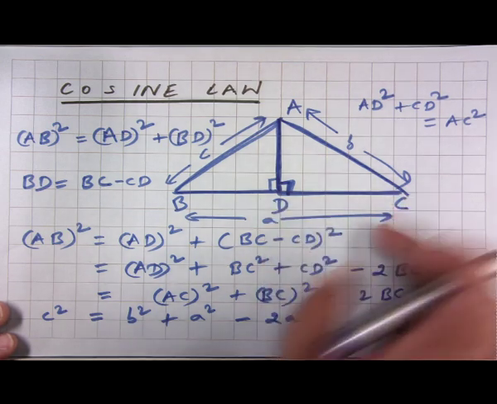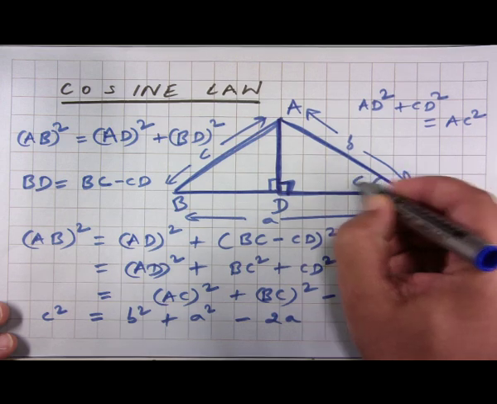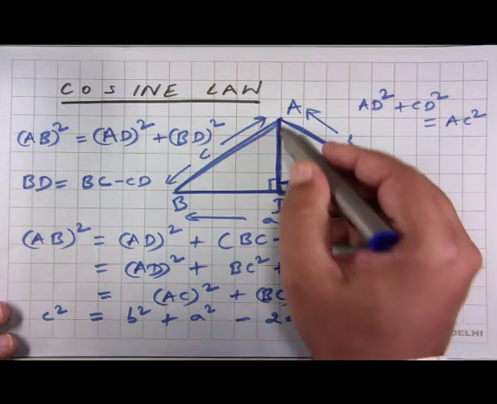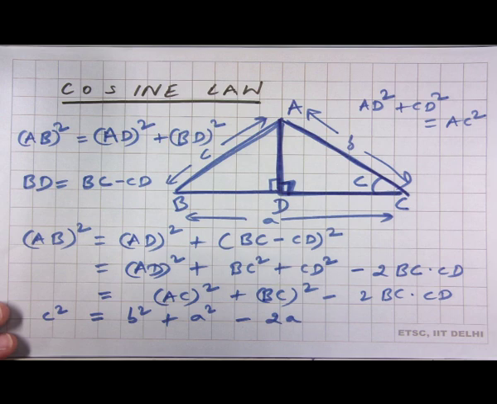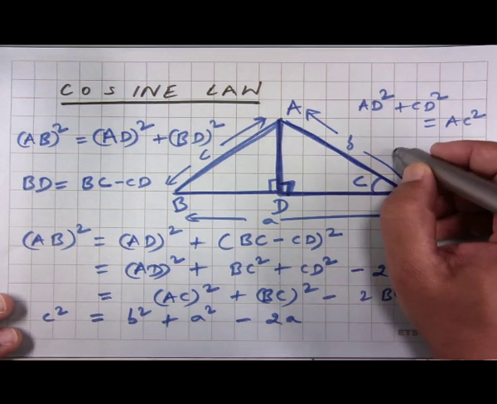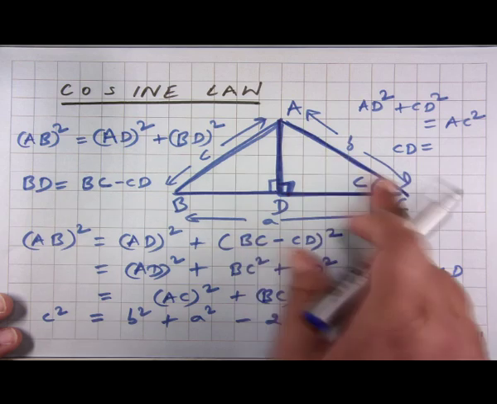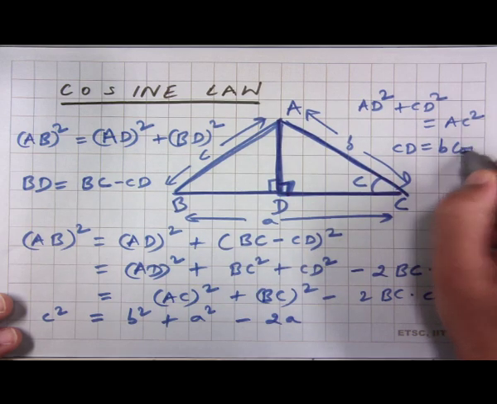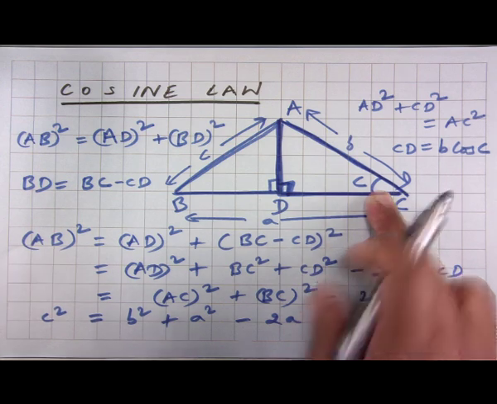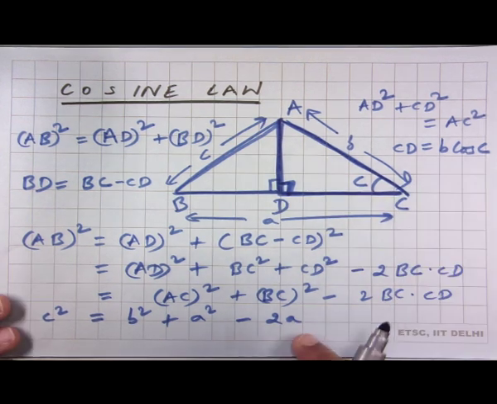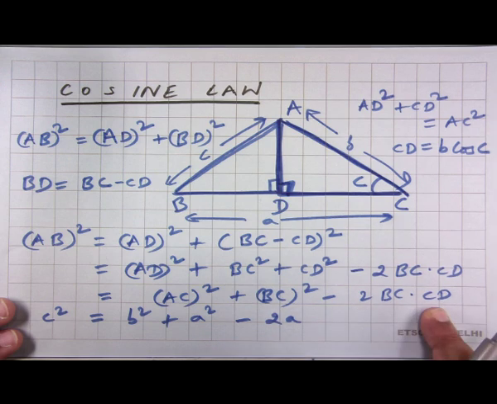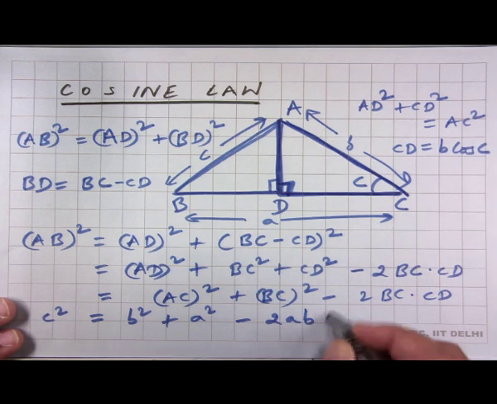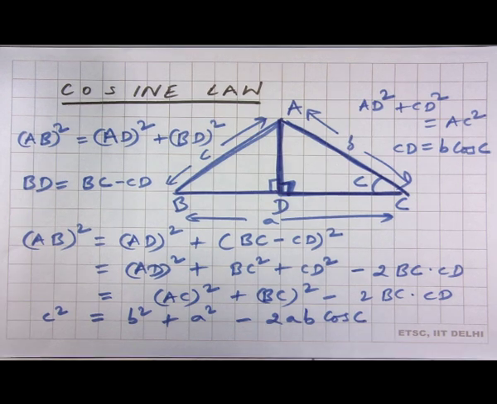Here this angle is C. So, in this right angle triangle, from the basic definition of the trigonometric ratios, CD is equal to the hypotenuse, which is B, times the cosine of the angle C. So, I use this here: 2 times BC, which is A, times CD, which is B cos C.